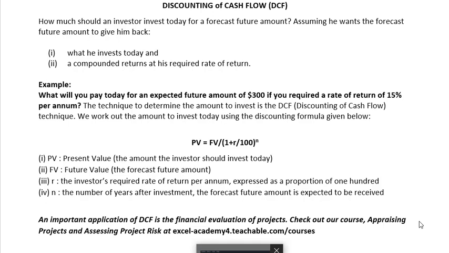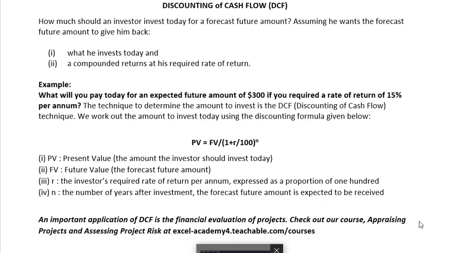In the next slide, we will look at how, using the DCF formula, PV equals FV divided by (1 plus R over 100) to the power of N, will help you to work out the amount you should invest today.